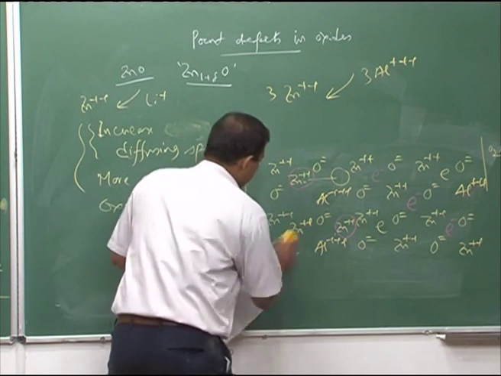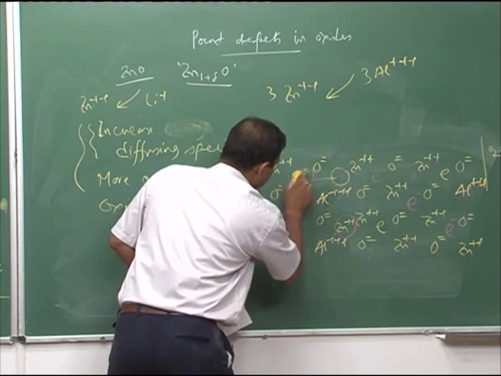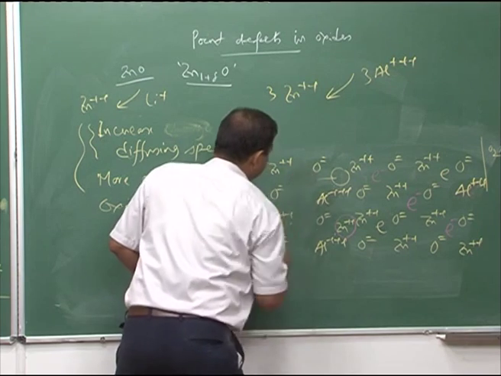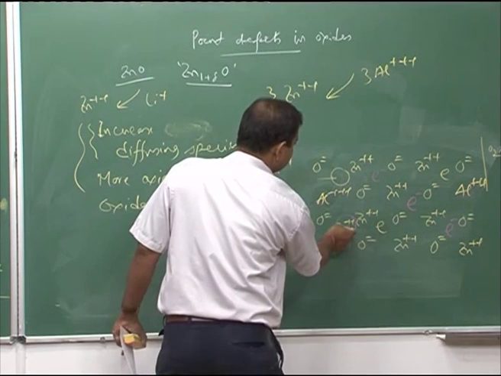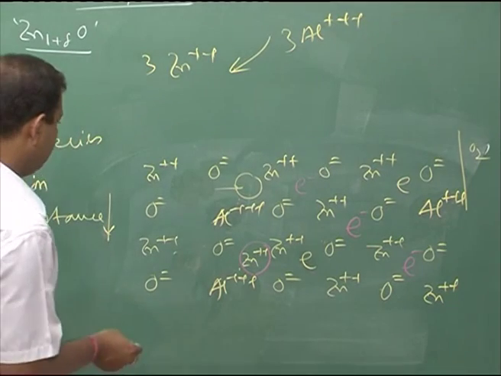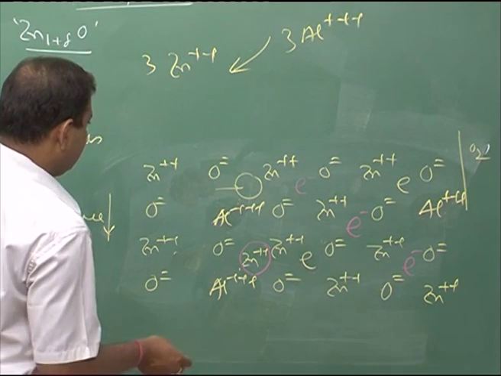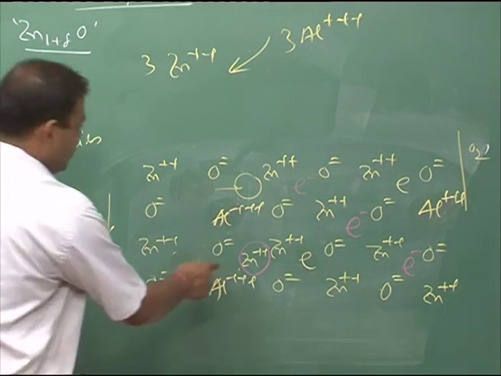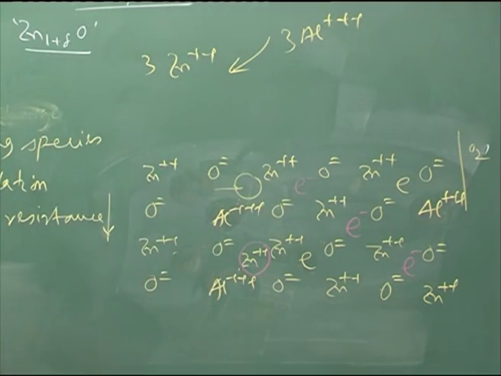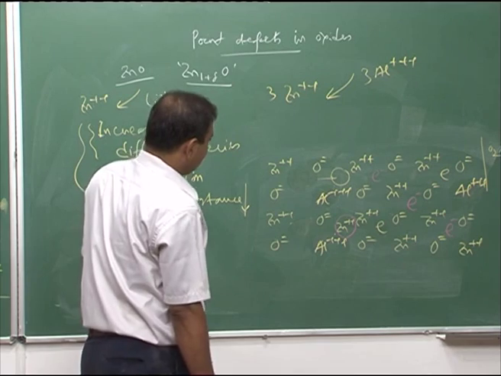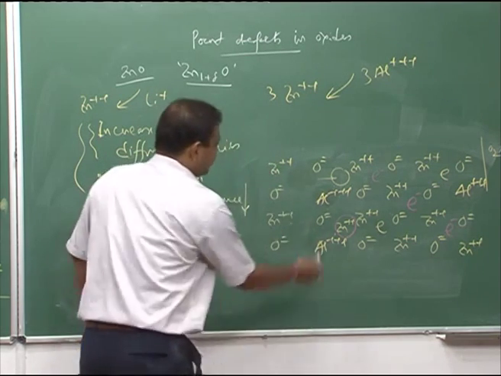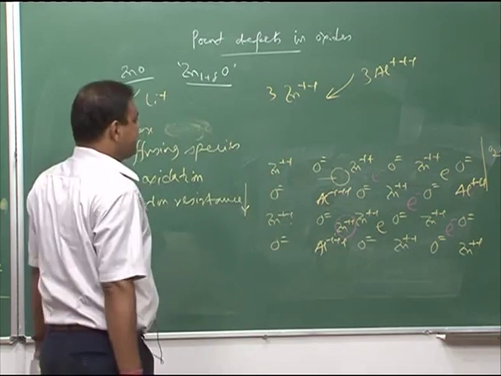So, now if we remove 2 positive zinc charges, then we are left with 1 zinc cation in the interstitial position. So, in this case you see that the overall balance is done.